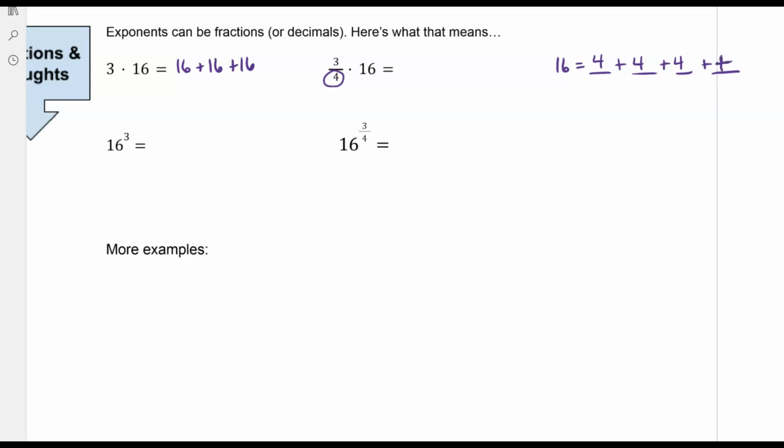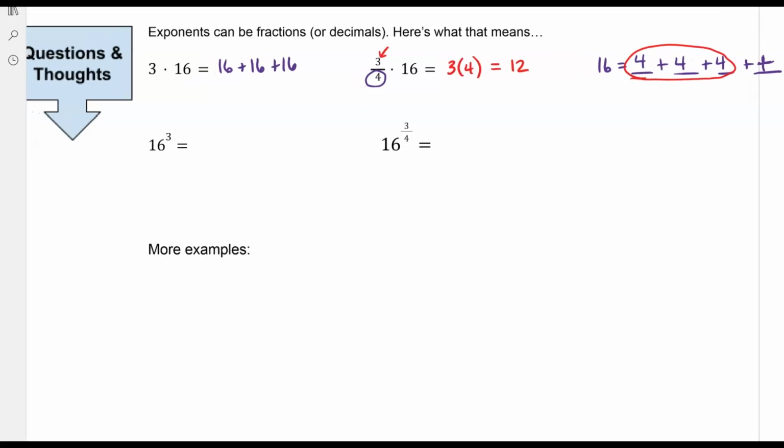Now the fraction that I'm dealing with is 3/4. 4 is the whole thing, the whole thing divided into 4 parts. I only want 3 of those parts. So I just want these 3 terms right here. 4 plus 4 plus 4 is the same as 3 times 4, or 12.